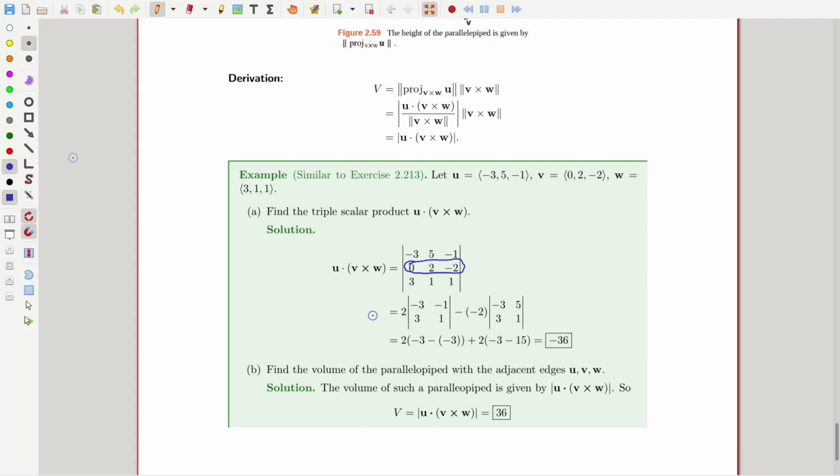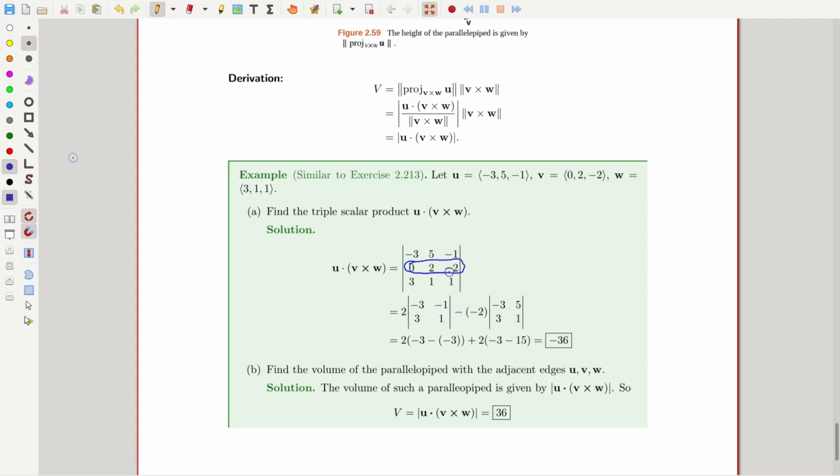Let's talk through this. Plus minus plus means that the cofactor with this 2 has a plus in front of it, and then the next one would have a minus, so you end up with a minus here. 2 and minus 2, and then the submatrix corresponding to the 2, we eliminate the row and column, so minus 3, minus 1, 3, 1, which is right there.